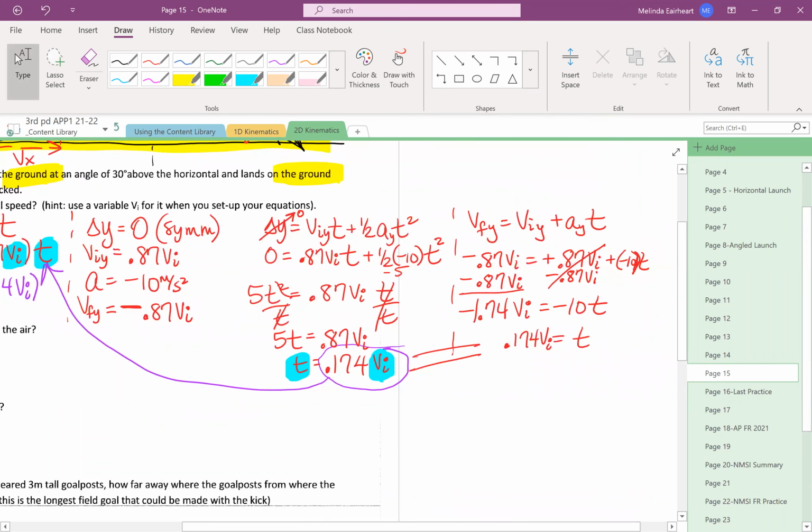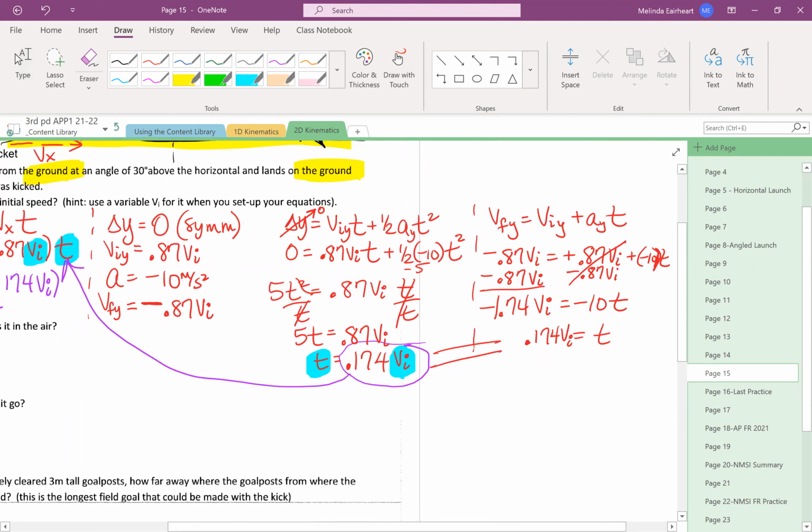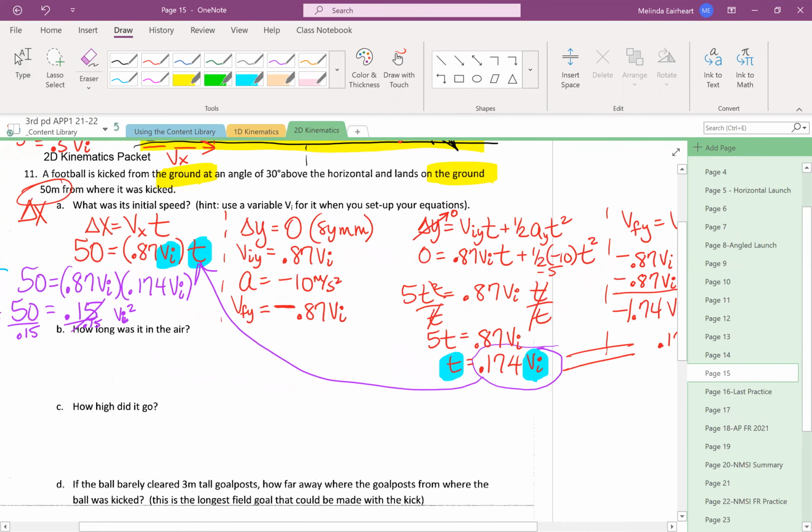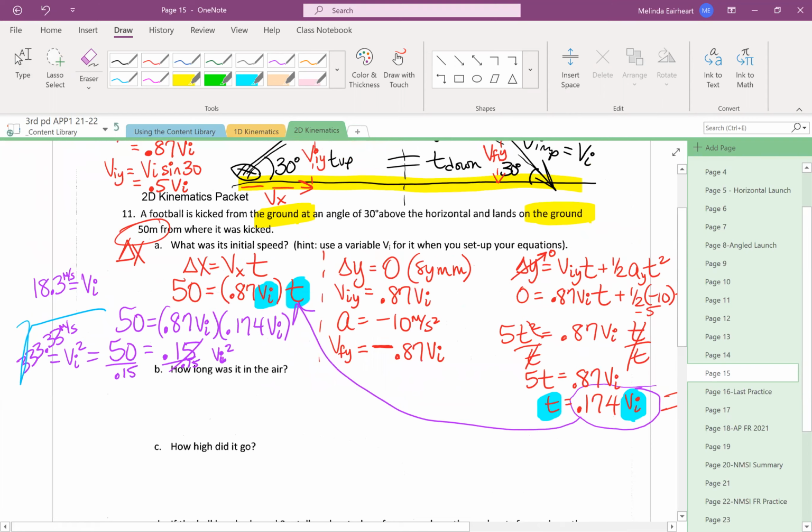That's why I really want multiple people calculating. I'm just looking for, did we mix something up? Sure enough. Good catch.